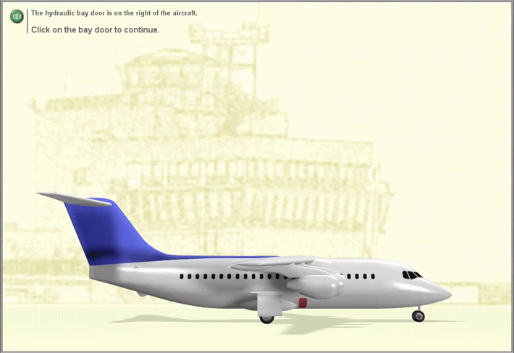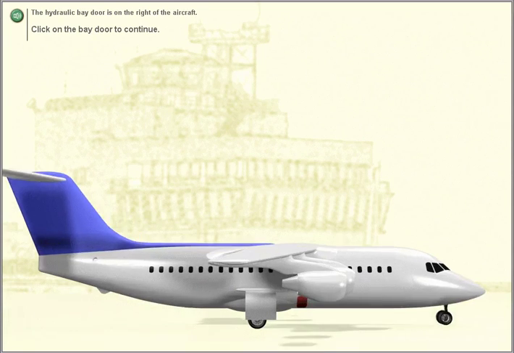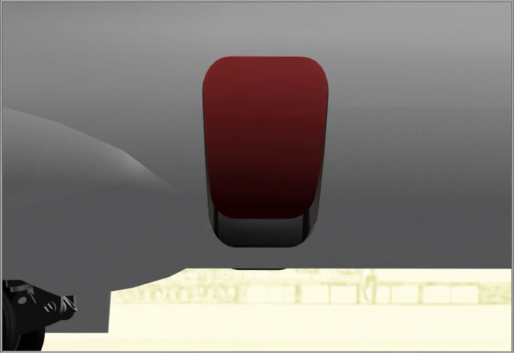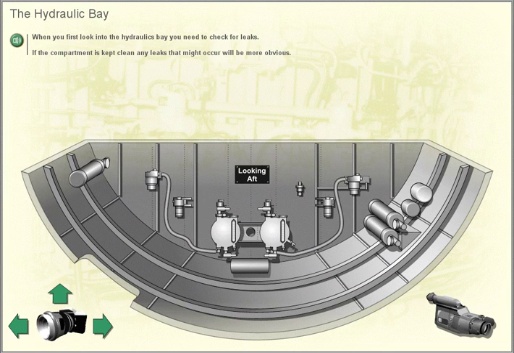Click on the bay door to continue. The hydraulic bay. When you first look into the hydraulics bay, you need to check for leaks. If the compartment is kept clean, any leaks that might occur will be more obvious.